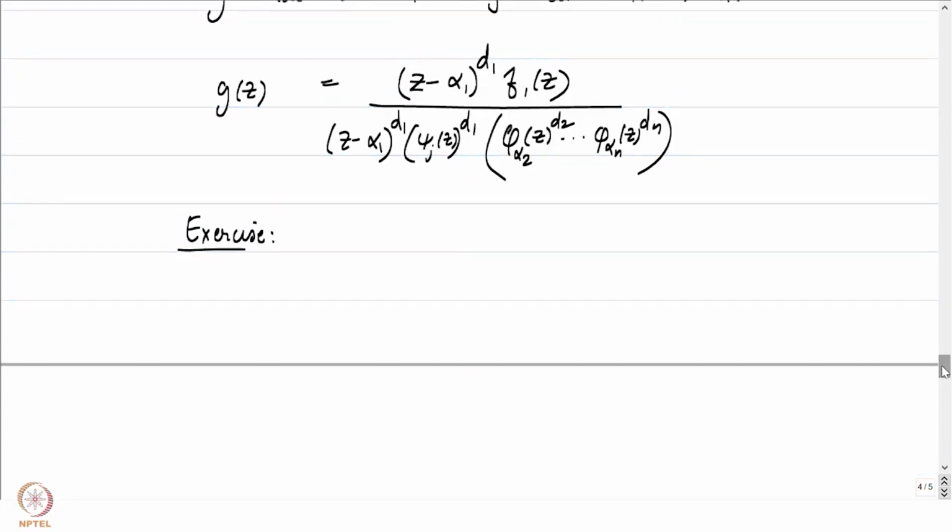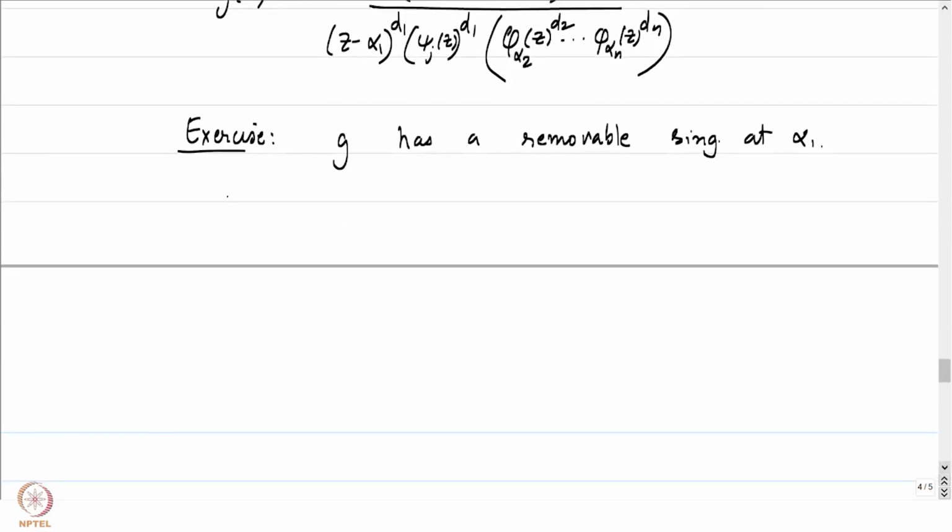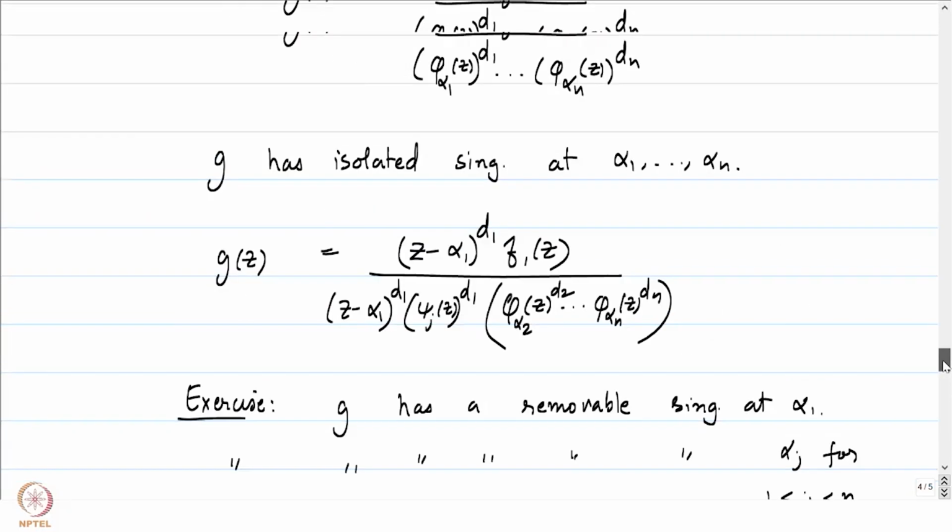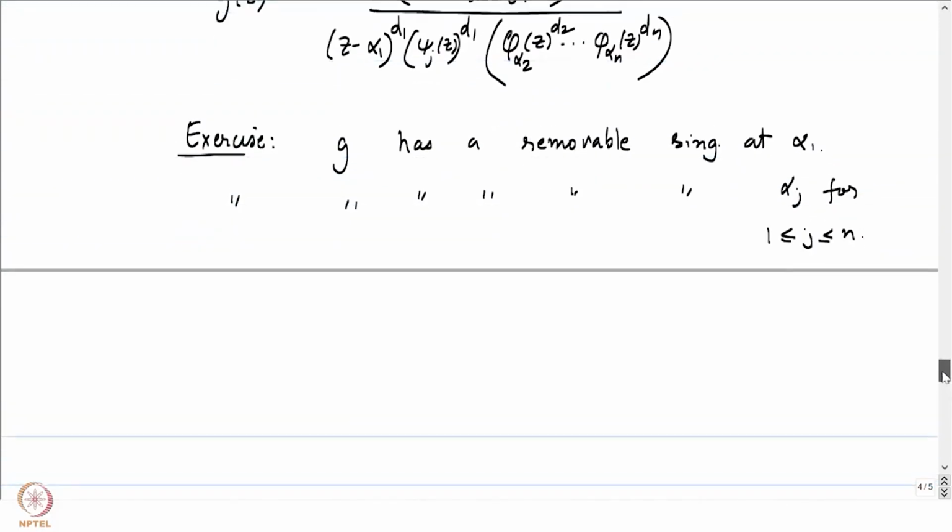So the exercise is to show that g has a removable singularity at alpha j for 1 less than or equal to j less than or equal to n. So each of these alpha j's is going to be a removable singularity.